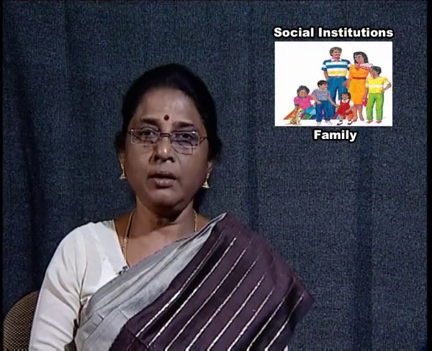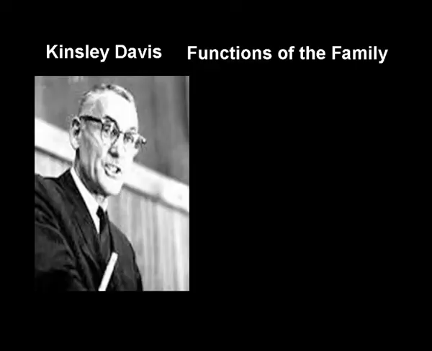What are the functions of family? The family as a social institution performs several functions. Various scholars have categorized the functions of family. Kingsley Davis has categorized the functions of family in 4 divisions.